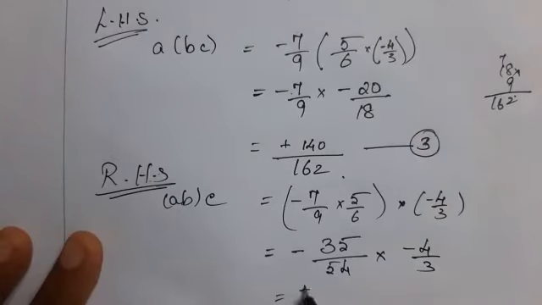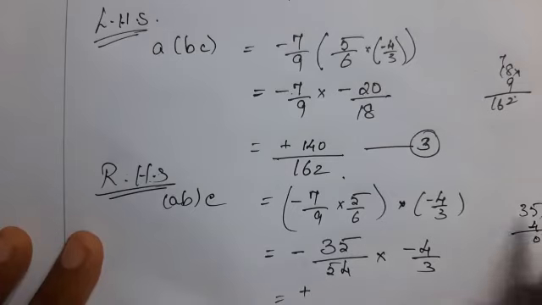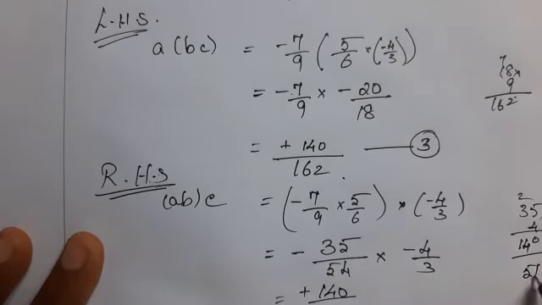Minus into minus plus. 35 into 4 is 140. 140 divided by 162. Take it as equation 4.